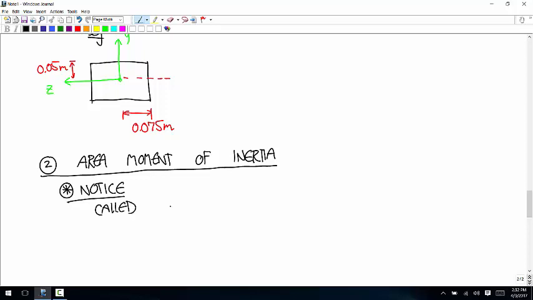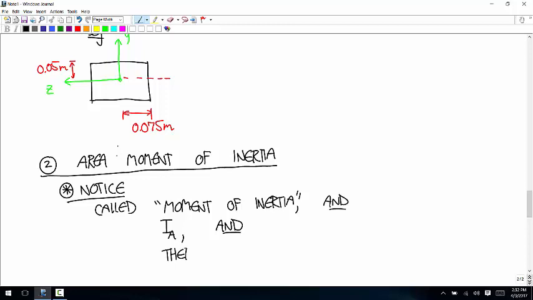When people talk about this, they don't tend to say area moment of inertia. They tend to just call it the moment of inertia. And in addition to that, we're going to denote it with a capital I sub A. And in addition to that, there's a parallel axis theorem for it. I know it's so weird, but this is how it is.